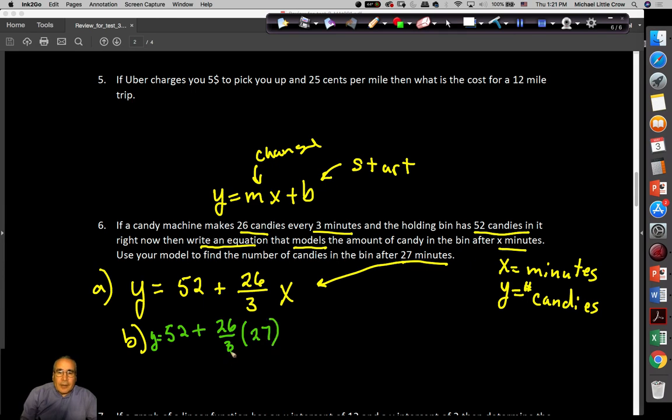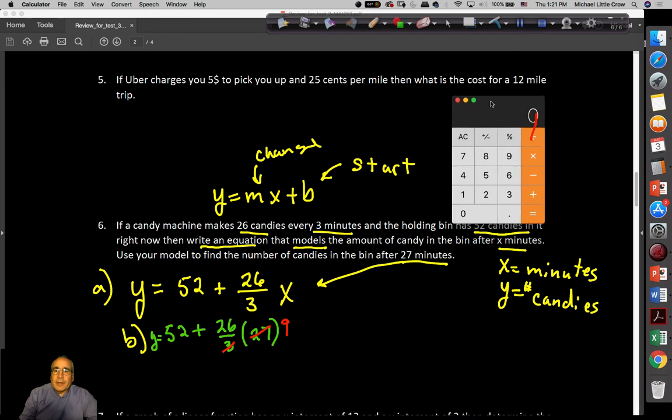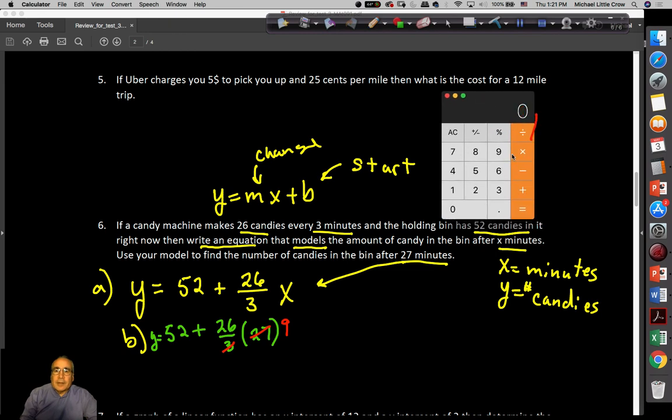Now, if you'll notice, 3 goes into 27 9 times, so it's 9 times 26 plus 52. We didn't have to go to any decimals. So we just take 9 times 26, plus the 52 we already had, and that's 286 candies.